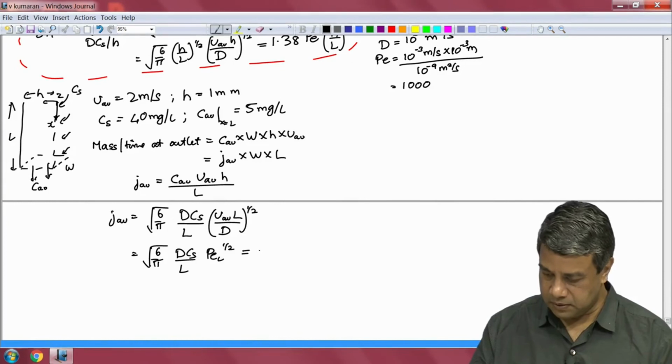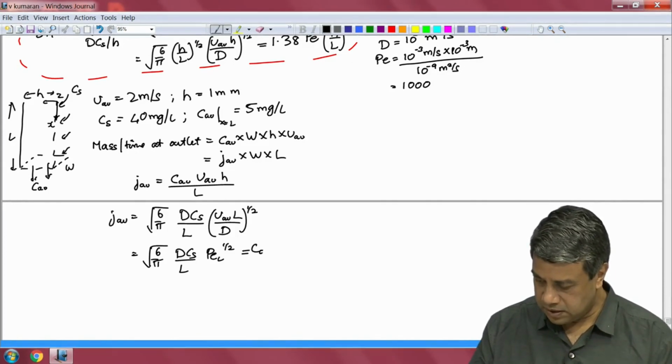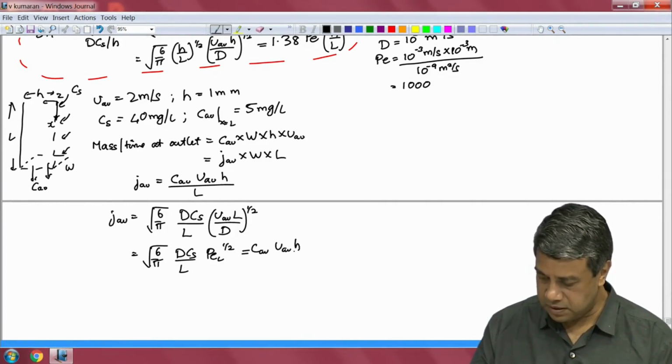And this has to be equal to C average, V average, H by L.